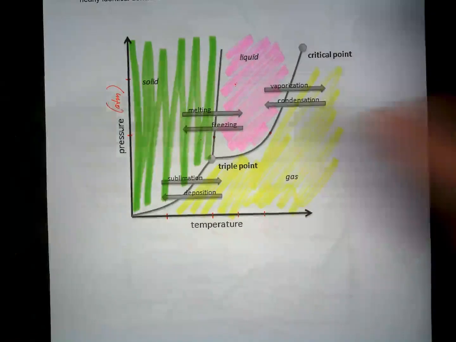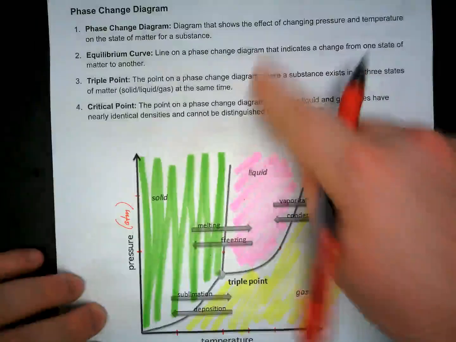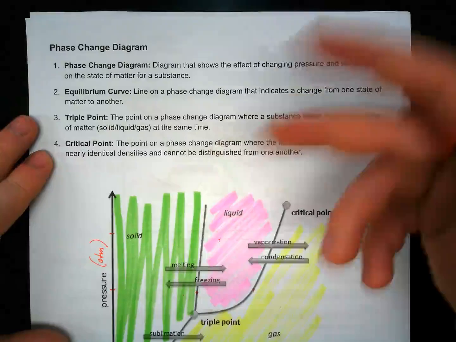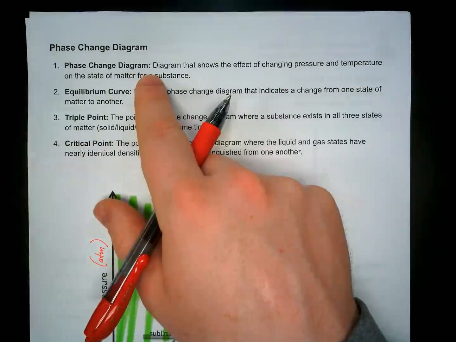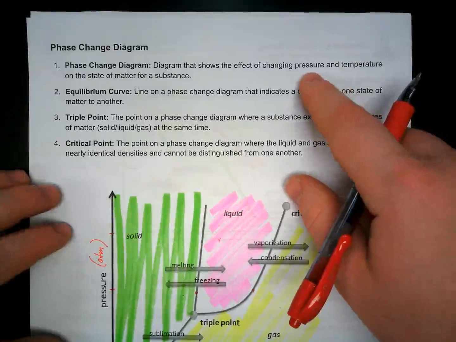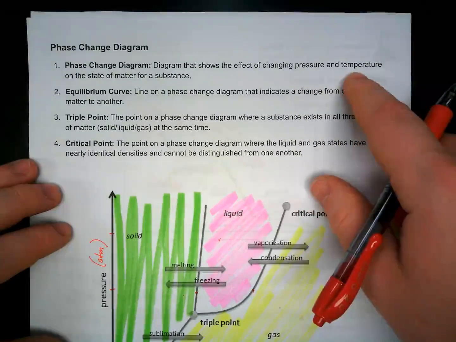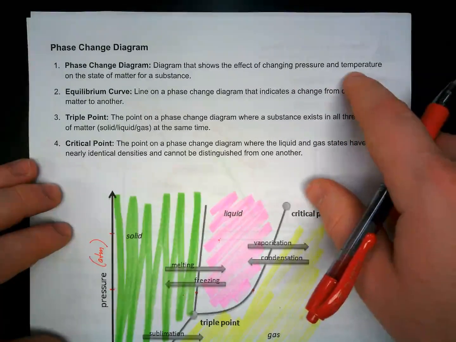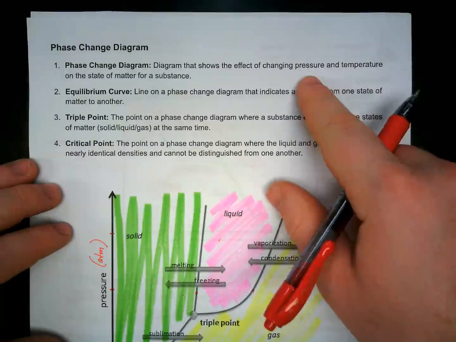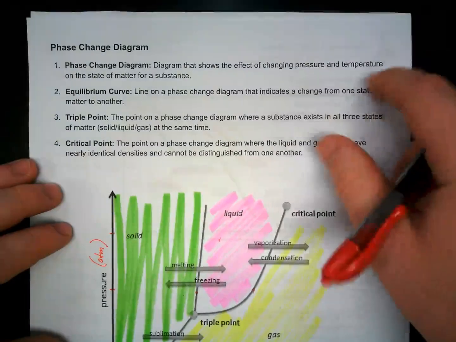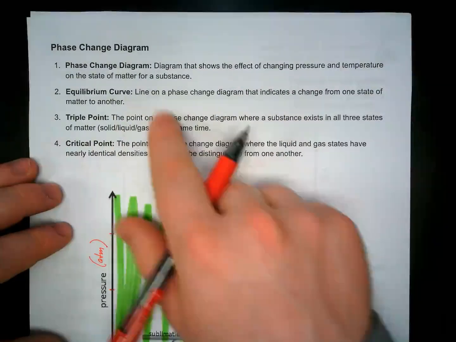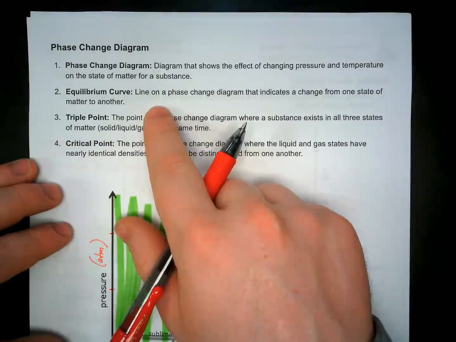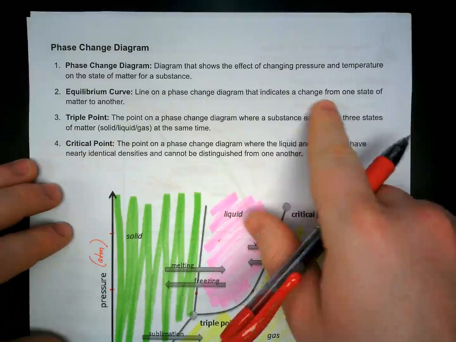So what about all the stuff up here? What does it all mean? This is what we call a phase change diagram, which specifically shows the relationship between pressure and temperature for a particular substance. Now there's something called an equilibrium curve. This is the line on a phase change diagram that indicates a change from one state to another.